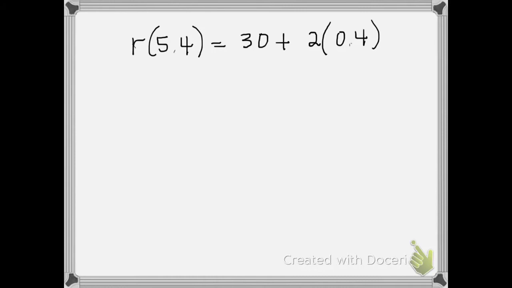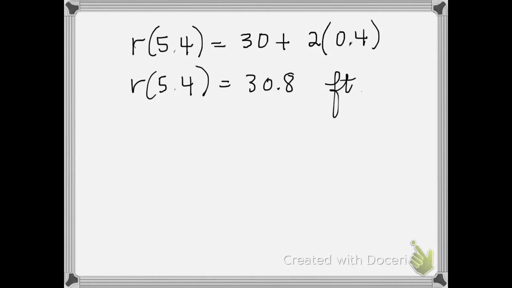That's the change in time from t equals 5 to t equals 5.4. Simplifying that, you will get 30.8. And you have to put the units there. The radius is in terms of feet. From the table, you can see that r prime is feet per minute, so that means the radius is in feet. So you get a point for this estimate using the tangent line.